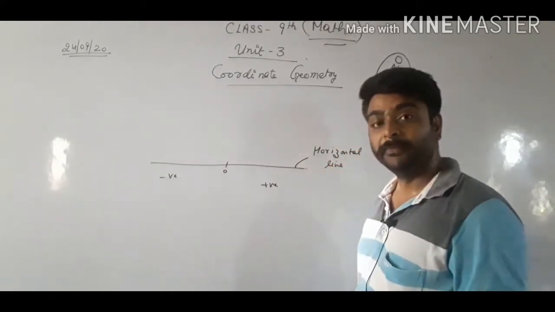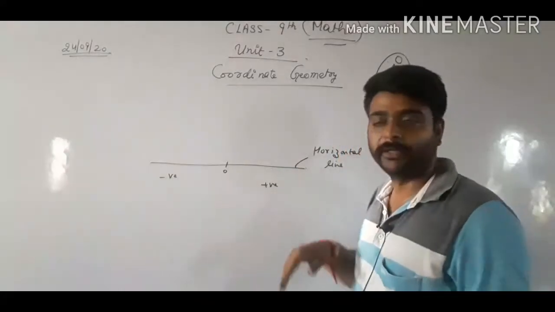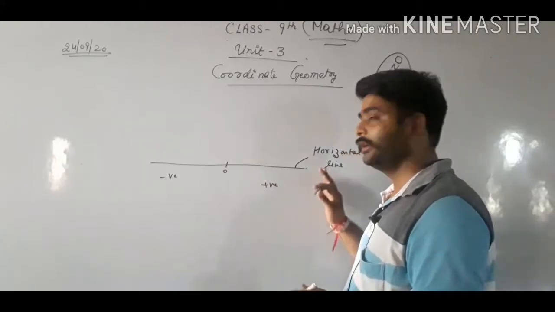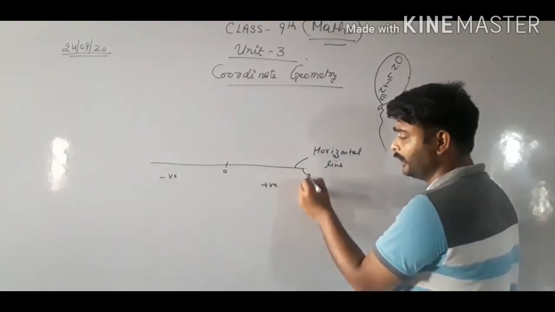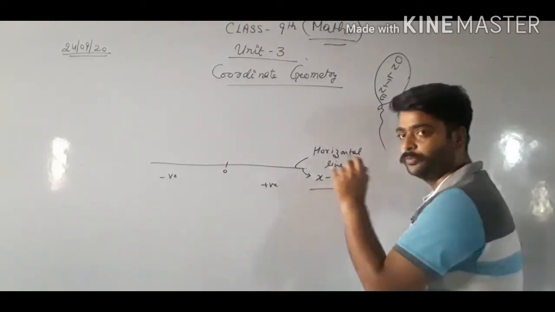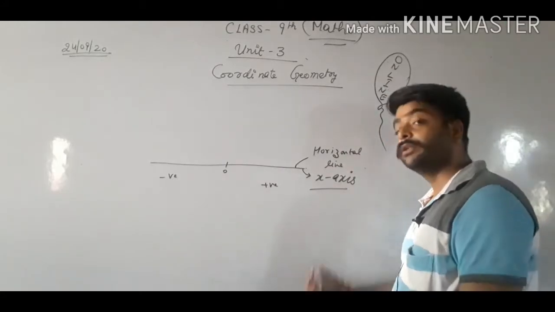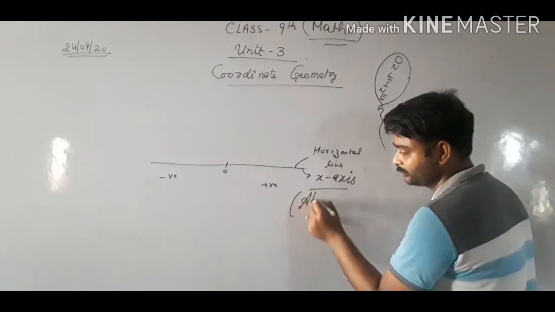Horizontal line means a line along the ground. Isn't that so, class? Now this horizontal line is also known as the x-axis, and the other name of the x-axis is abscissa.